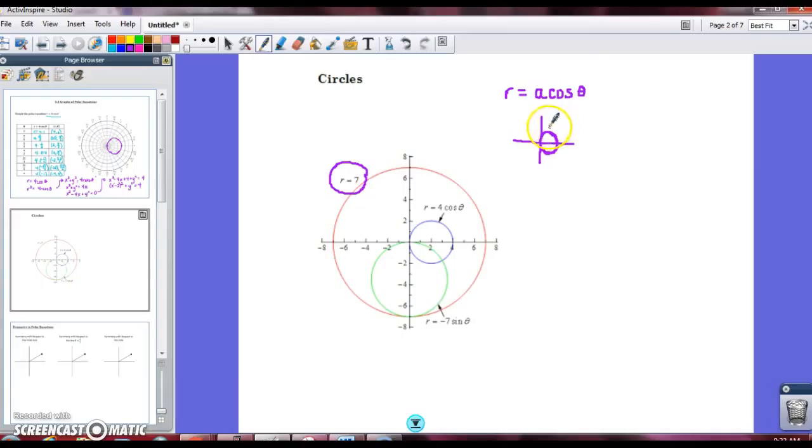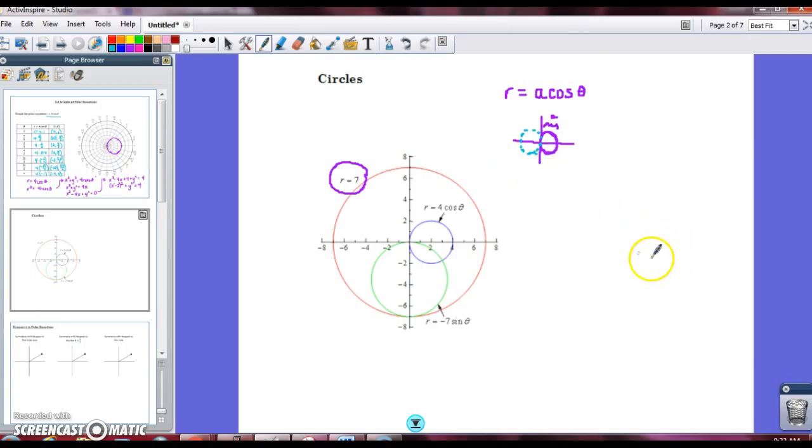Now that a value represents the diameter of your circle, so that a value is the whole diameter of the circle. If that a value were negative, that would just flip your circle over to this side. Okay, so when you have cosine, you're symmetrical about the polar axis.